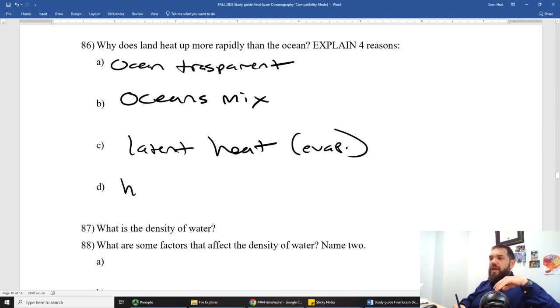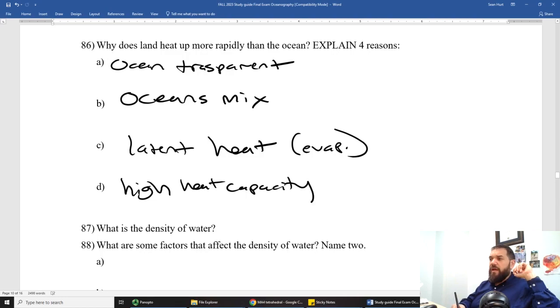There's also, you noticed that I talked quite a bit about the high heat capacity of water. So that's another place where it comes up. Remember, heat capacity is how much energy it takes to change the temperature of a substance. Now, water has a freakishly high heat capacity, very, very high compared to most materials on Earth. And that has to do with the fact that it's a polar molecule.